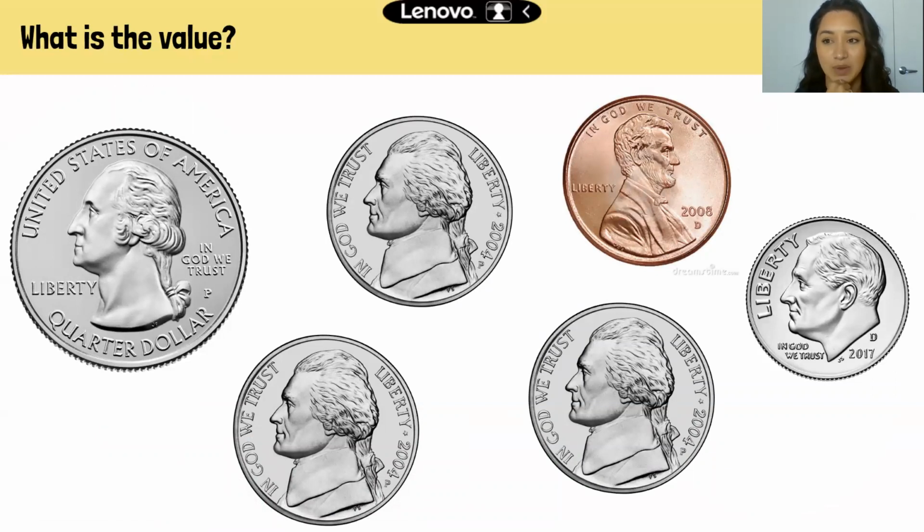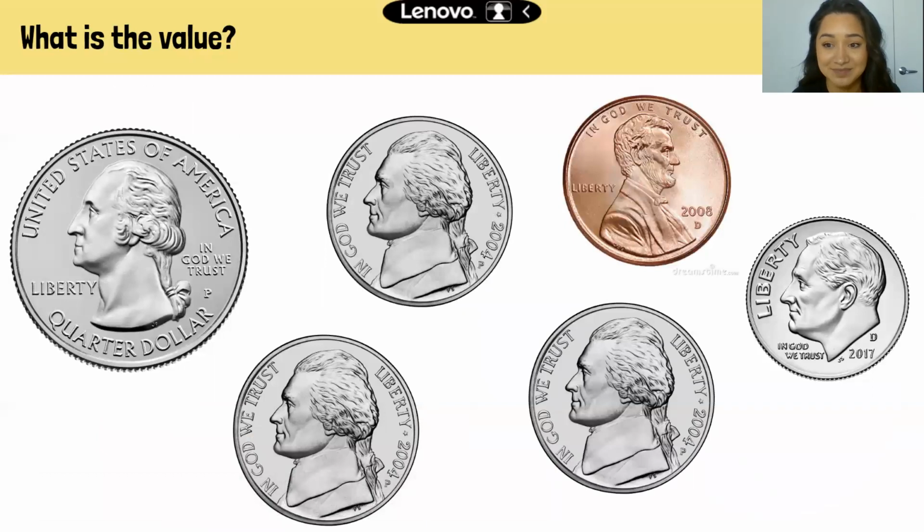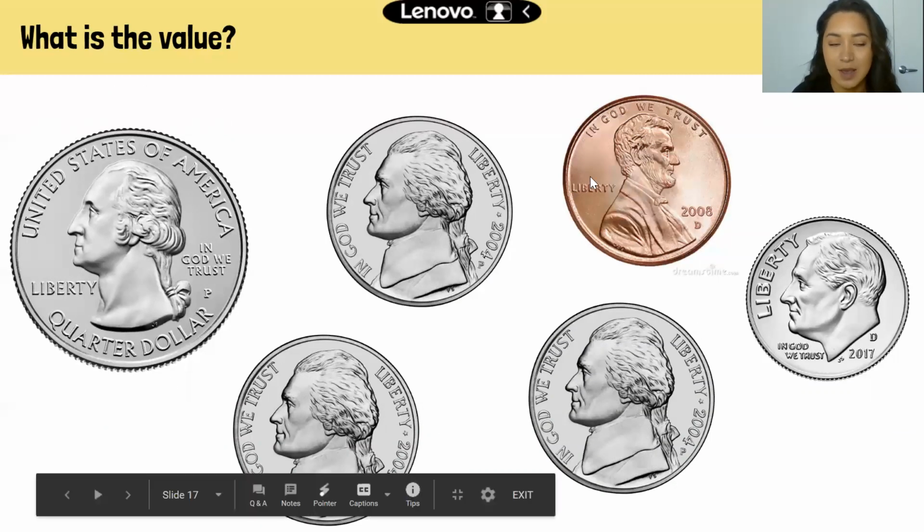Point to the coin we will start with. Good, 25 because it's the biggest value. And then point to the coin we're going to go to next. Good, our dime all the way over here. Quarters, dimes, nickels, pennies.